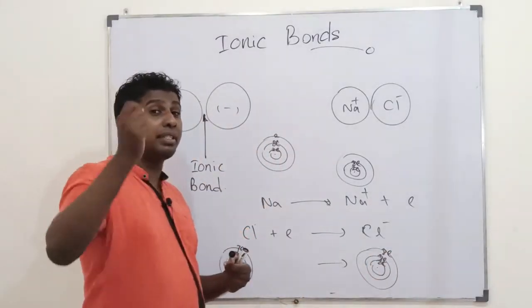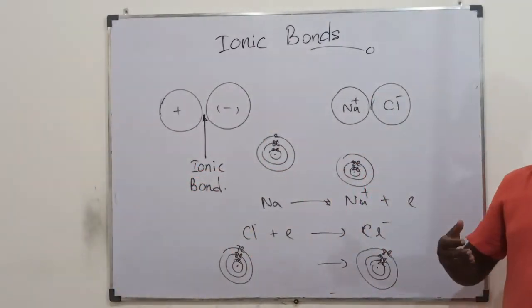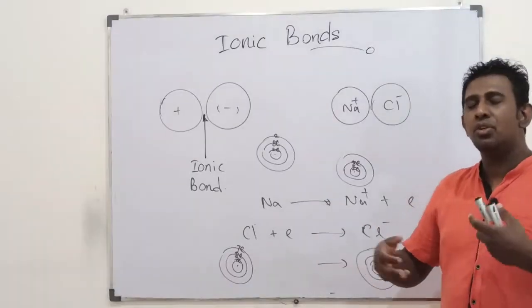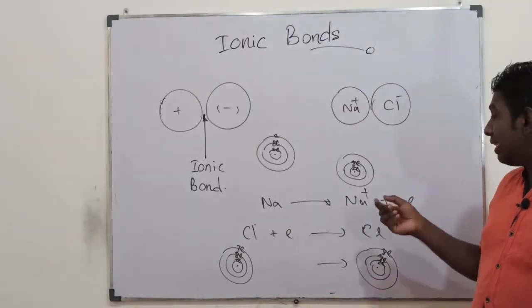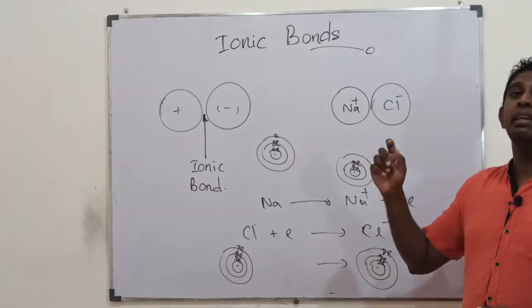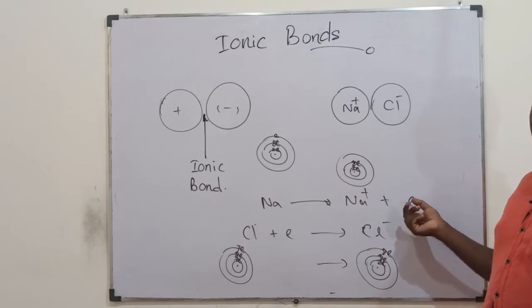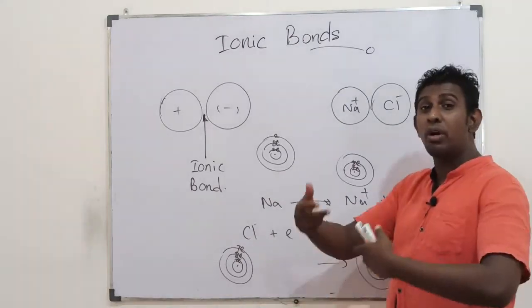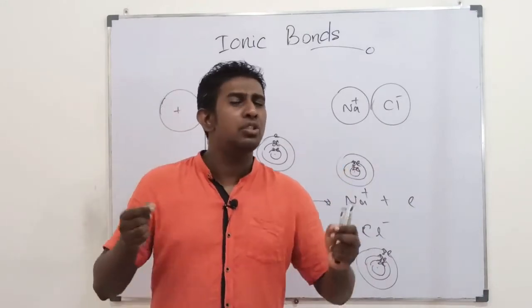Anyway, what I was telling earlier: when we talk about ionic bonding, it is not a must for sodium to lose an electron at the moment they form the ionic bonding, and for that electron to be taken by chlorine at the moment to become Cl-. It's not a must.